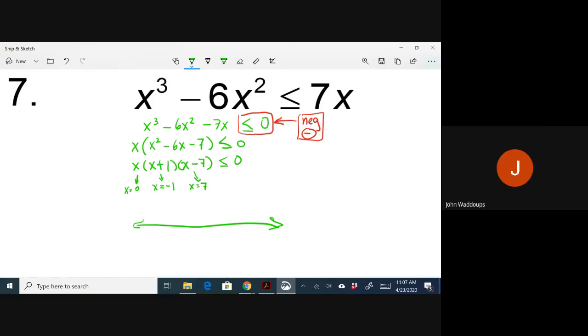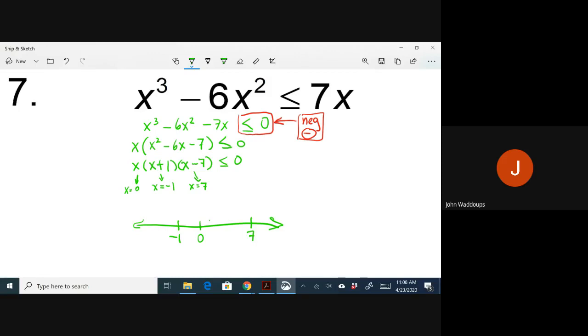The smallest number would be -1, and then 0, and then 7.